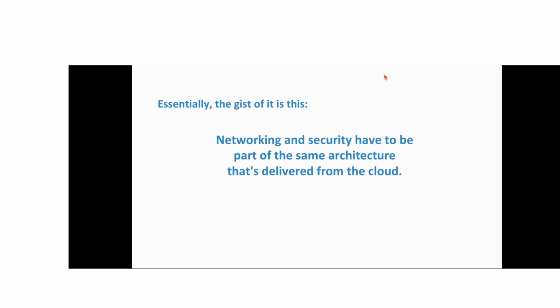This is extremely important for us, whether you're doing zero trust or not. SASE is an important tool. Networking and security have to be part of the same architecture that's delivered from the cloud. So with SASE we're basically taking our cloud-based network and adding security on that and delivering it from the cloud. That's what we're trying to do here.